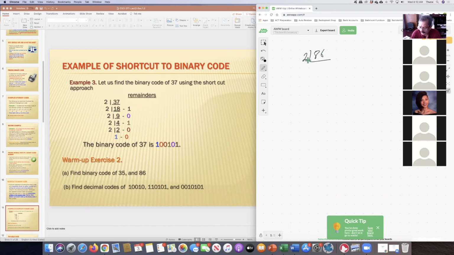You can use a calculator if you're not good with the mental division.